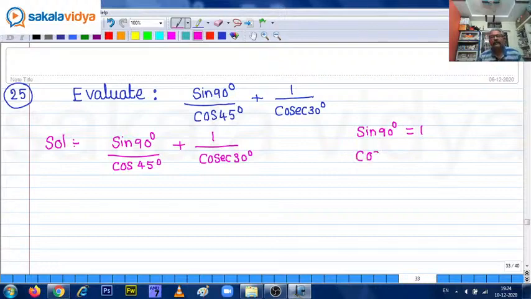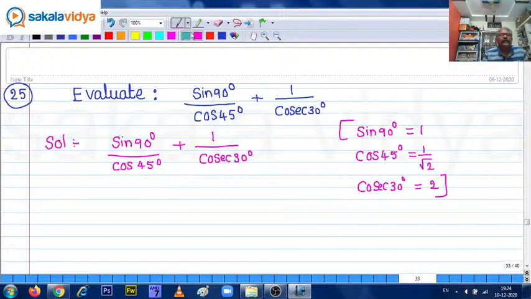Cos 45 degrees equals 1 upon root 2. Cosecant 30 degrees equals 2. So with the help of these values, we need to find this expression's value.